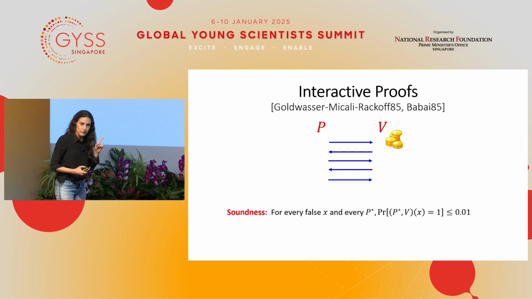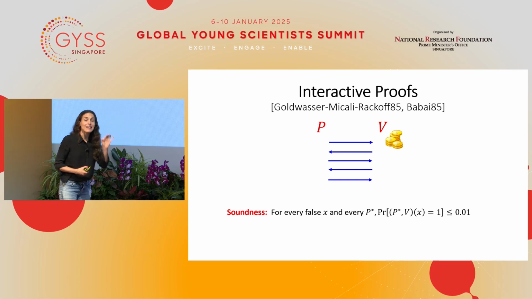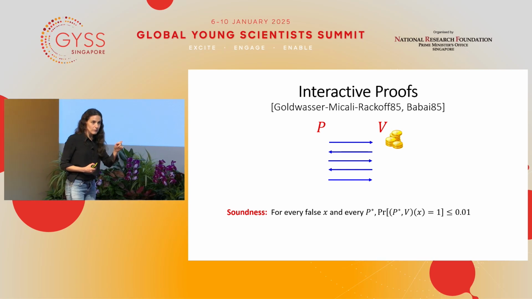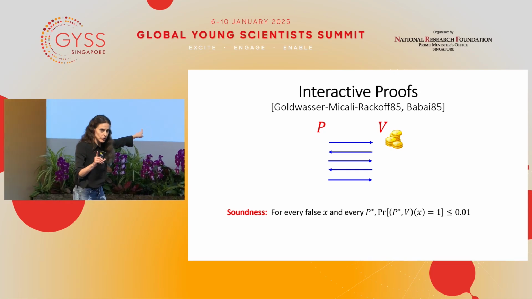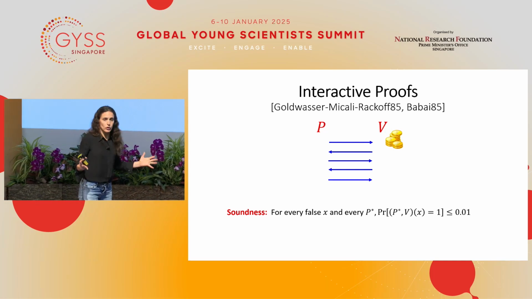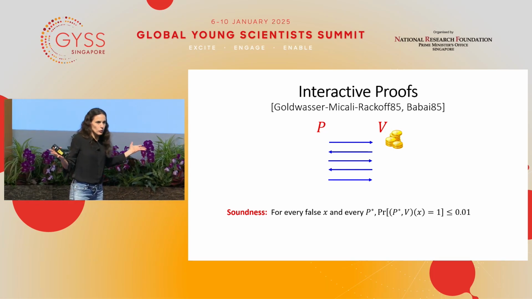Moreover, interestingly, the verifier is allowed to toss random coins, and the soundness guarantee is different from the standard soundness guarantee, which says if the proof verifies, the theorem is correct. That's what proofs are.